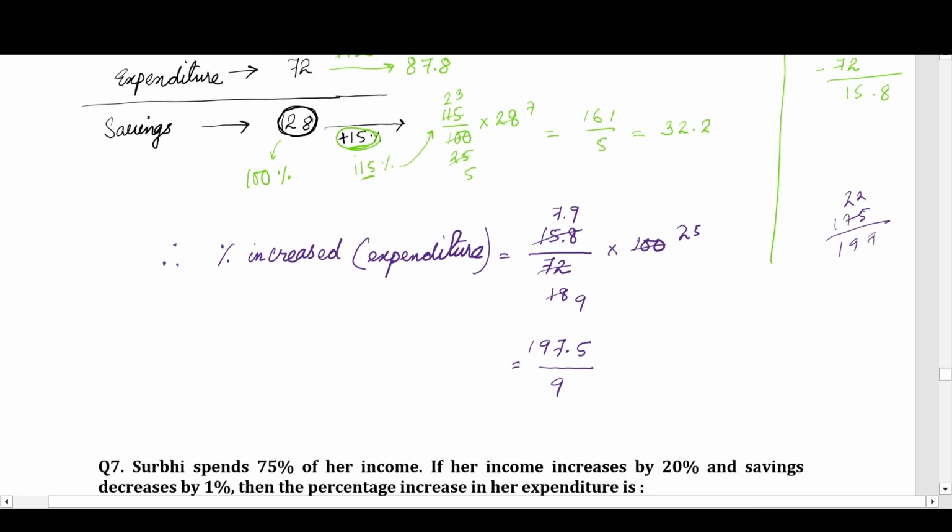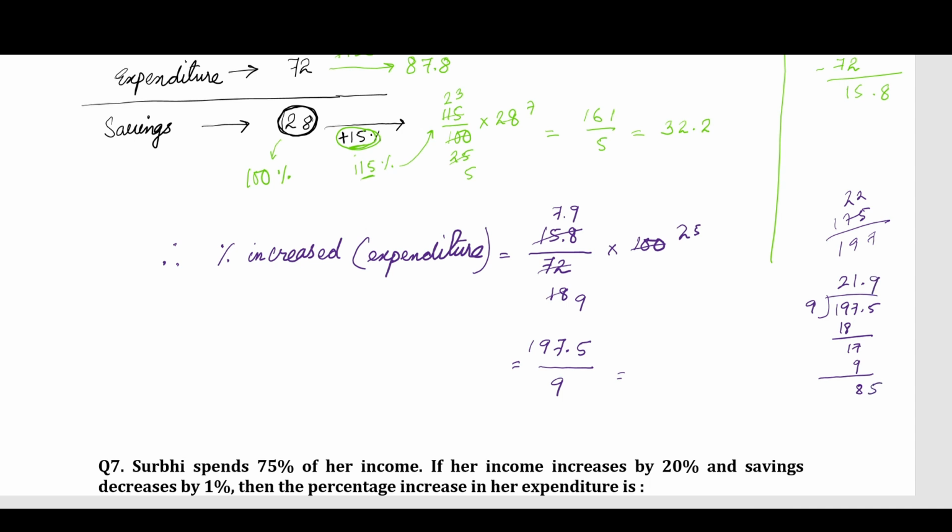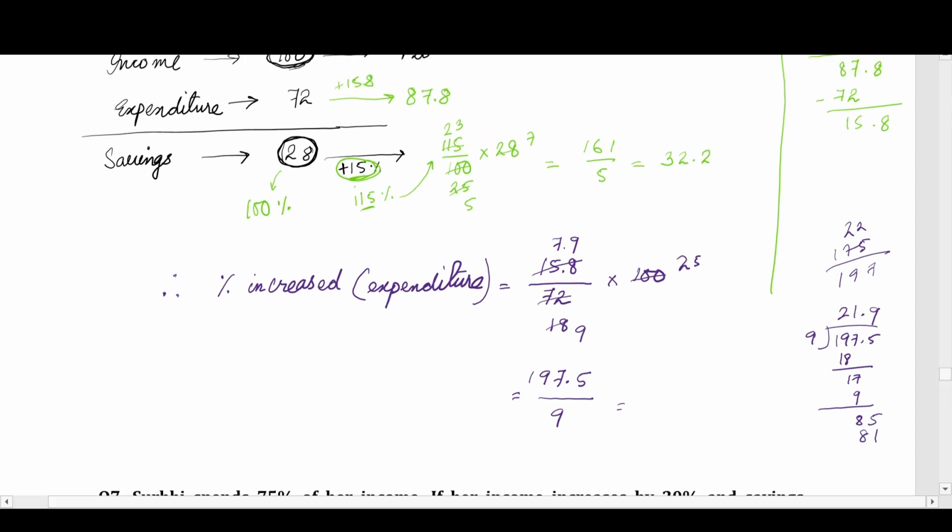197.5 divided by 9. 9 2s are 18, 1 7, 9 1 is 9, 8, 5 carry down, 9 9s are 81.